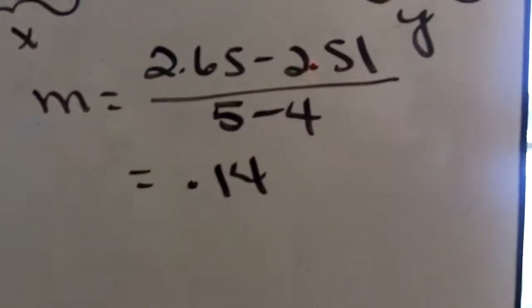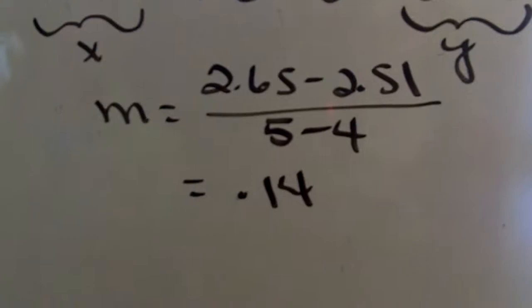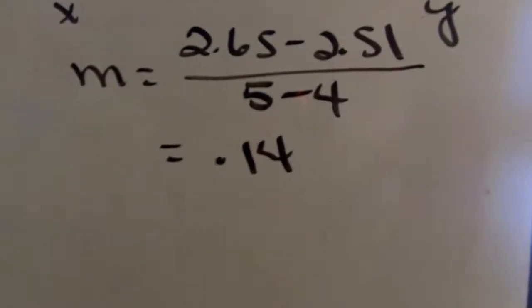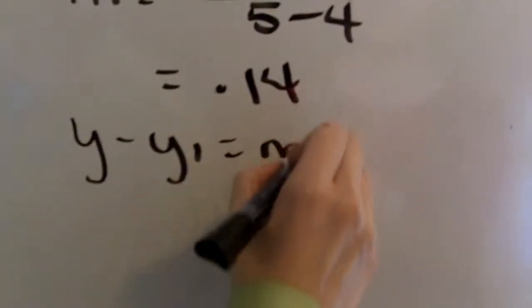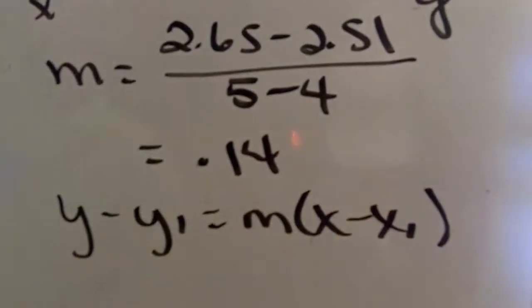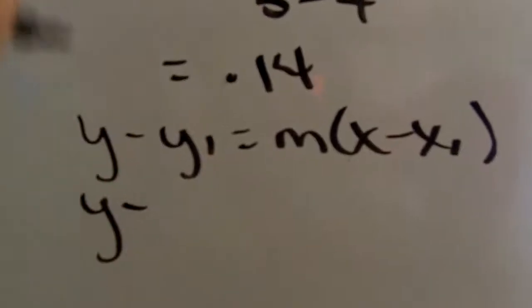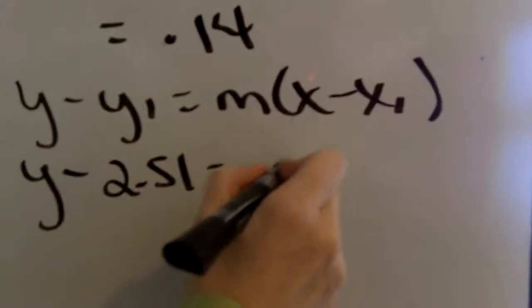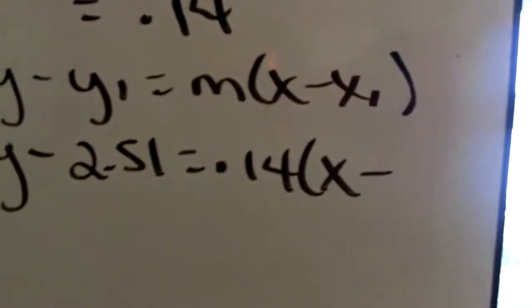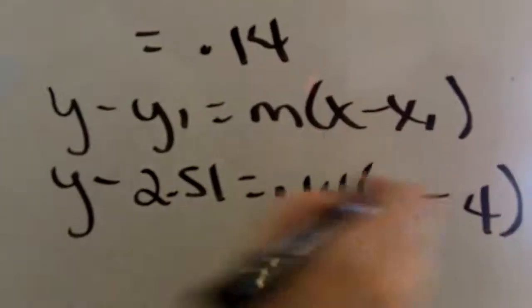Then you would be able to use your point-slope formula to come up with the equation of the line. y minus y1 equals m times x minus x1. In this case, we can choose either point we want. I'll choose the 2.51. m is 0.14, and the corresponding x is 4.